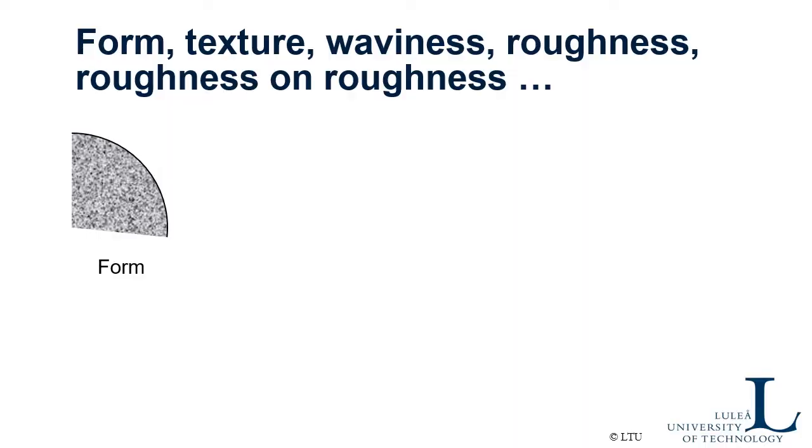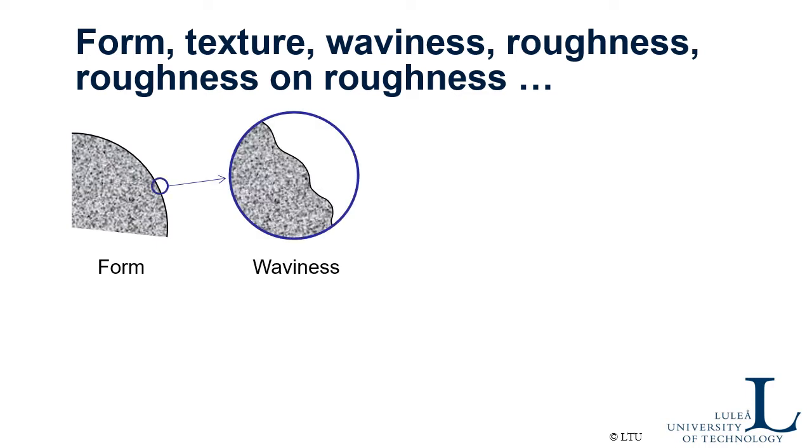I want to remind you that a surface, or surface roughness in general, is a multi-scale phenomena. So it contains form, the actual shape or form of a component. It has some waviness from the machining process, for example, vibrations while turning.